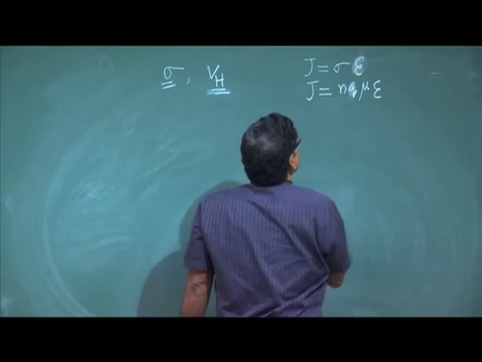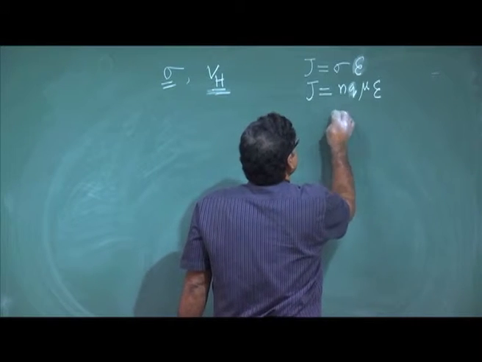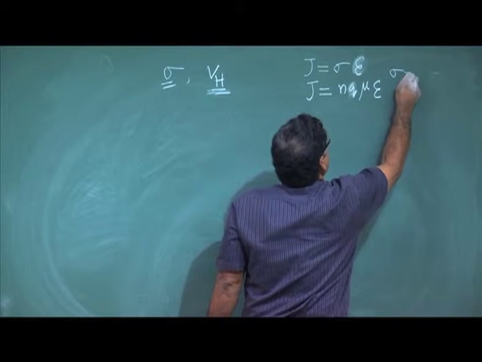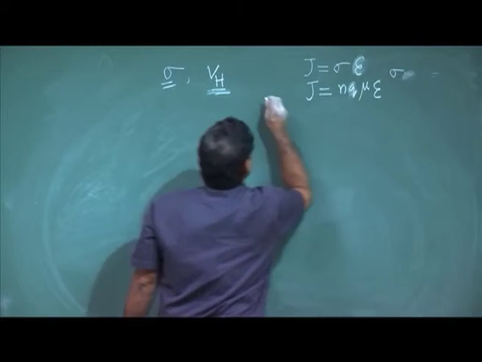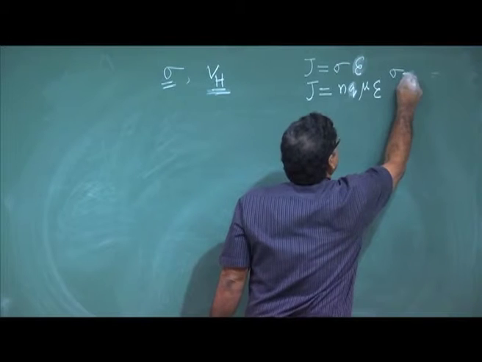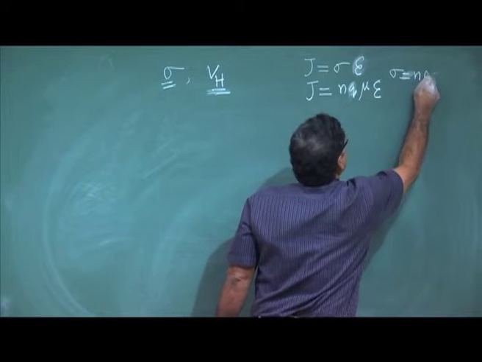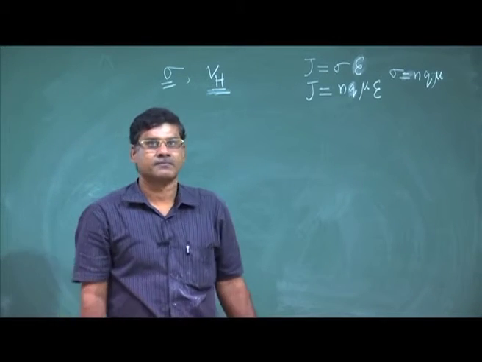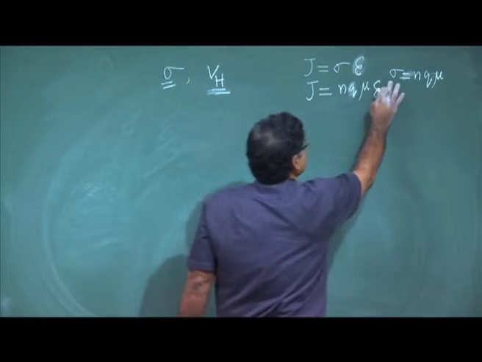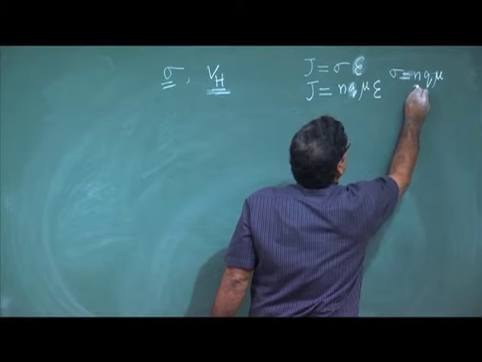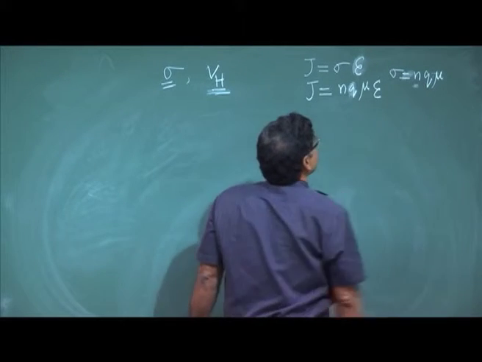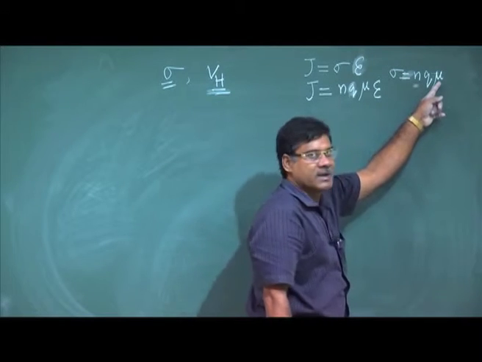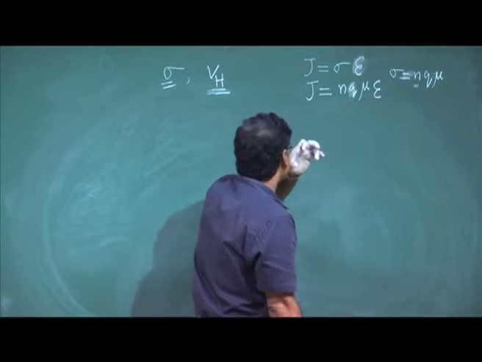So, this is telling me sigma equal to N Q mu. So, this sigma depends on the density of carriers and the mobility of the carrier, that is what I was telling.